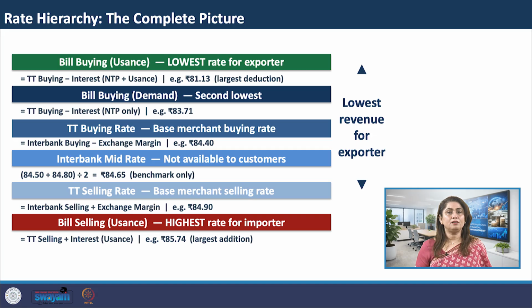So, bill buying usance rate is less than bill buying demand rate, which is less than TT buying rate, which is less than interbank mid rate, less than TT selling rate, and then less than bill selling usance. This hierarchy flows logically from the principle that the more risk the bank bears, the worse the rate for the customer, lower for the exporters and higher for the importers.